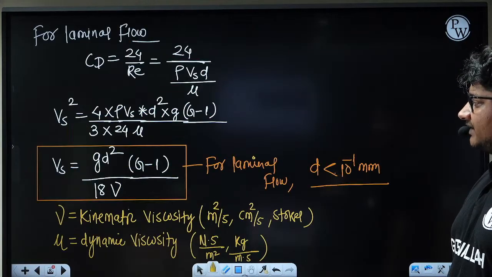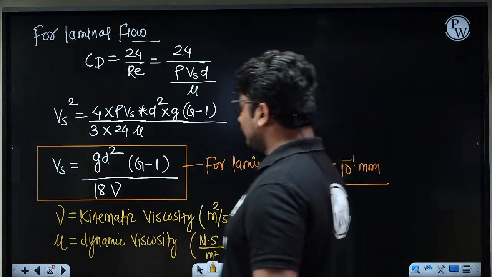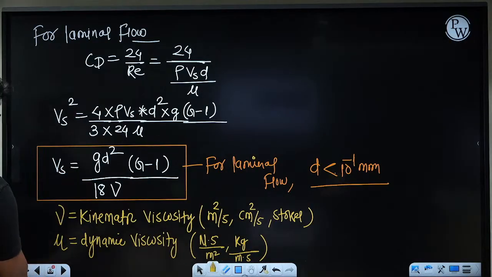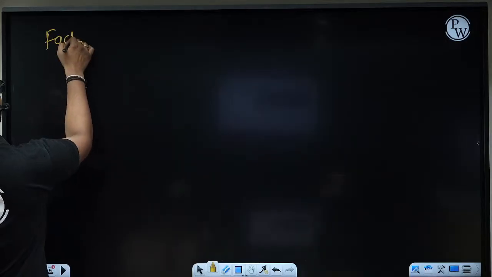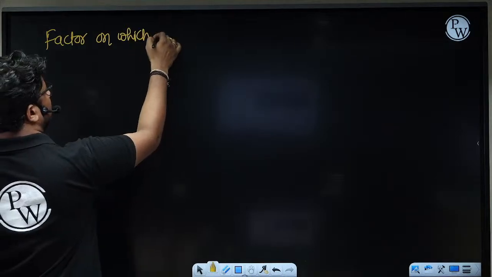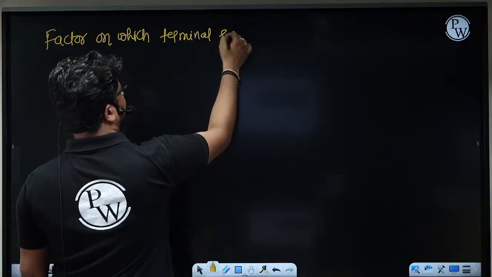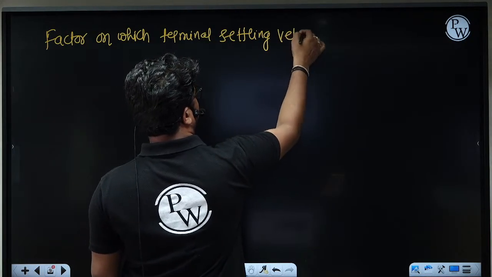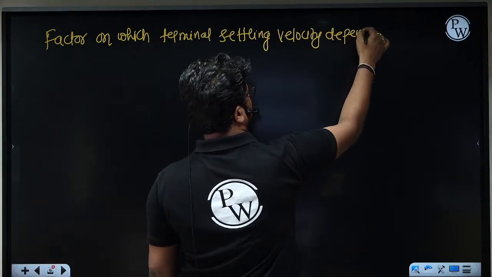By this derivation, they will ask you one more question: what are the factors on which the terminal settling velocity depends?